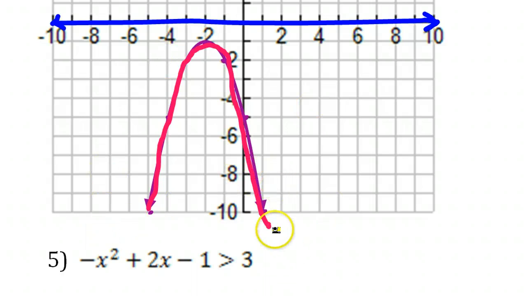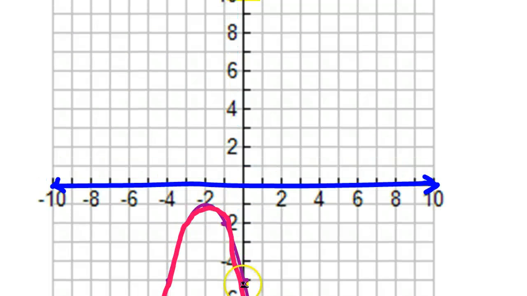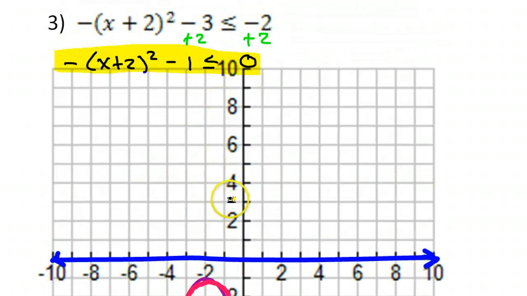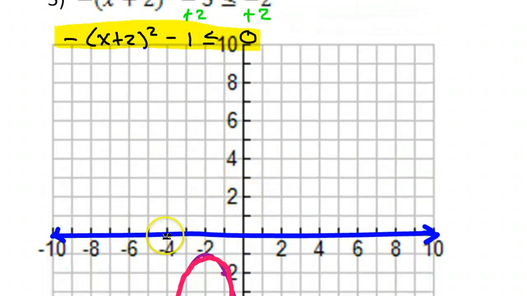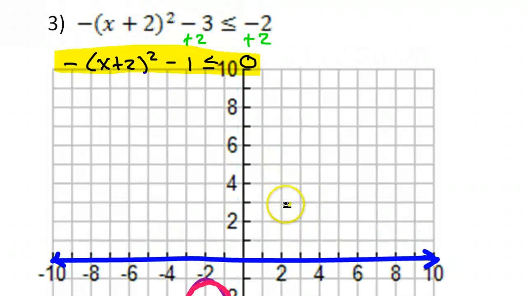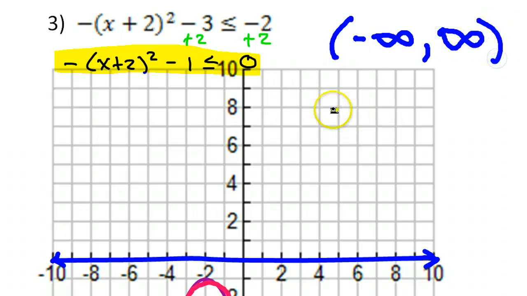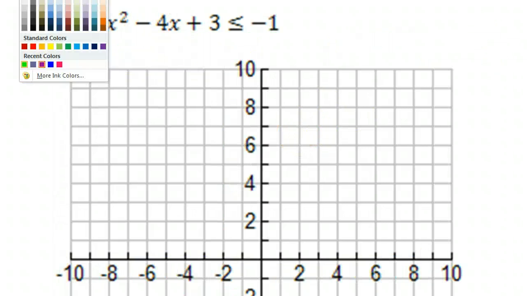And the entire thing is one big solution set, because the entire thing is less than or equal to 0. So if I want to capture this in interval notation, the entire number line, that's simply negative infinity to positive infinity. So there's your answer to number 3.